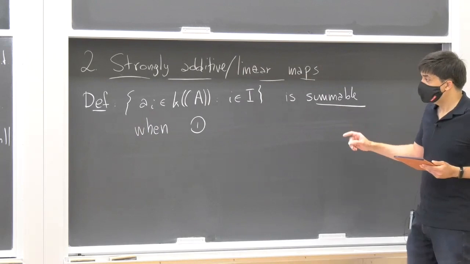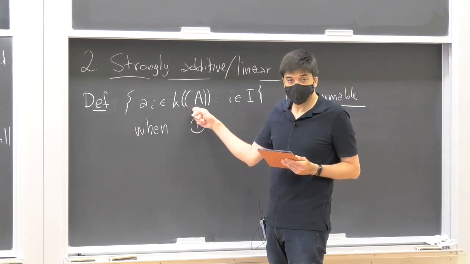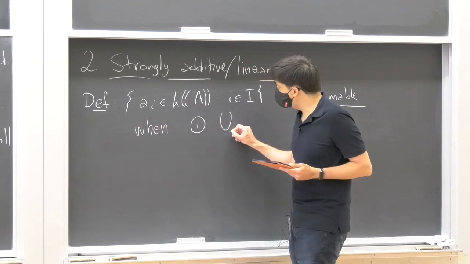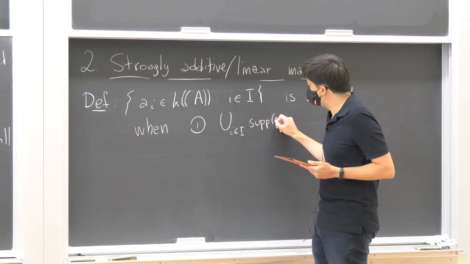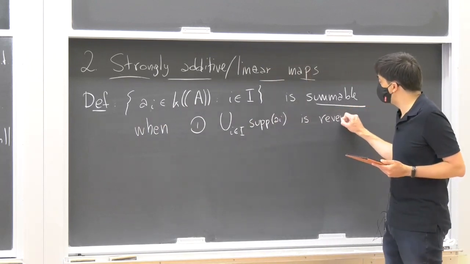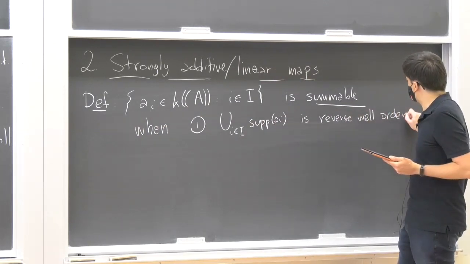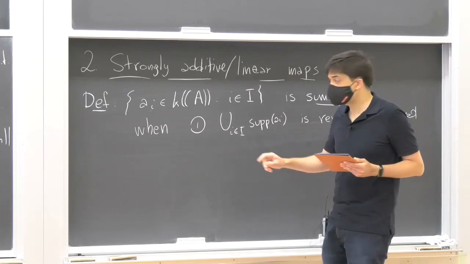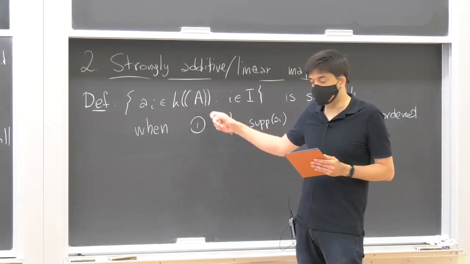First of all, I want to take the sum of these guys, and I want the sum to be still here. So first of all, I want to check that the union of all the supports of the a_i is still reverse well ordered. Otherwise I have no chance of getting back into K((G)). So the things in K((G)) must have support which is reverse well ordered.